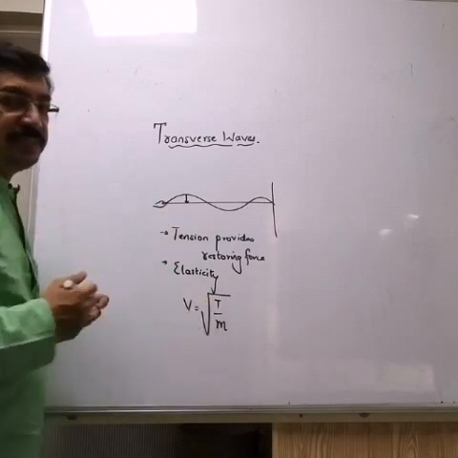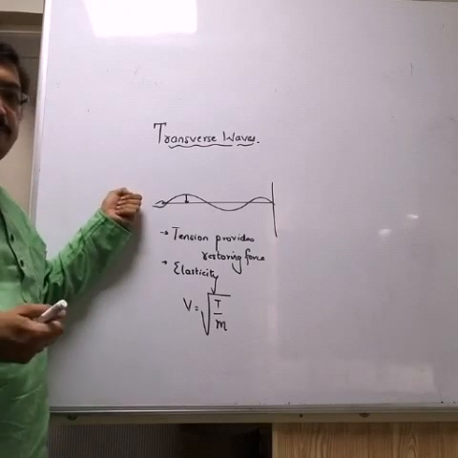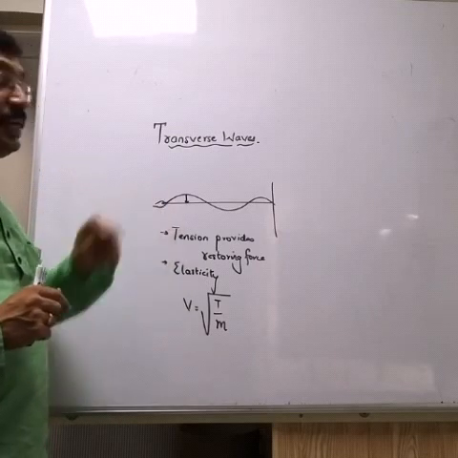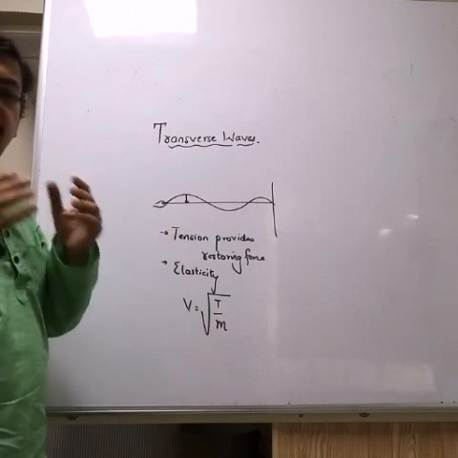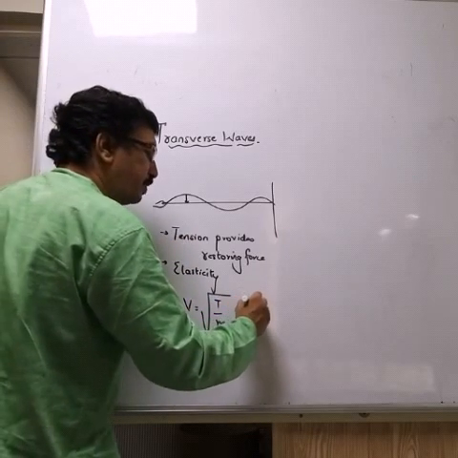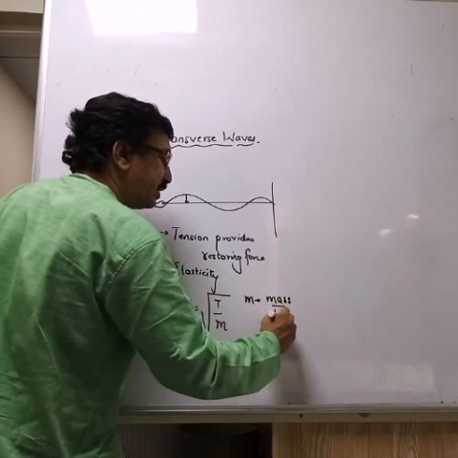T stands for tension in the string, how tight you hold the string. And M stands for the linear density of the string, that is, mass per unit length.